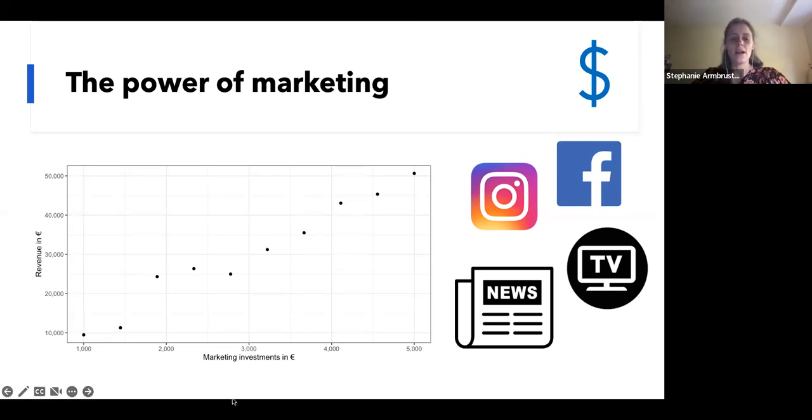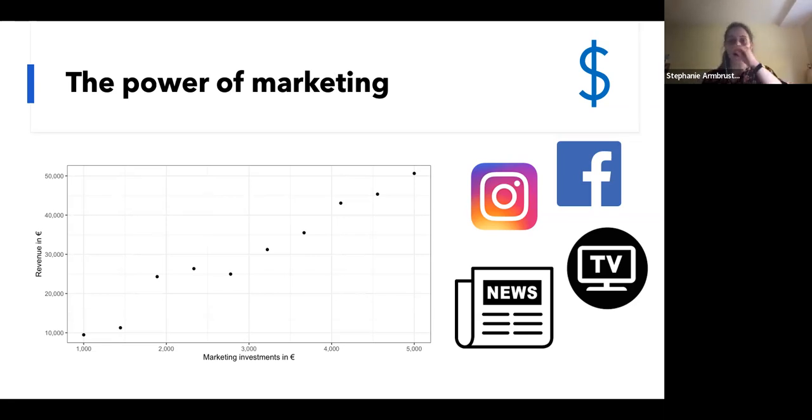So here we have, obviously, if you invest a different amount of money into your marketing ads, ideally what you'd hope is for your revenue to pick up, because people know more about your product. And then we can assume maybe that the relationship between this marketing investment and the revenue is ideally linear, which means that we can just describe it by putting a ruler on top and drawing a straight line, and that'll give us a good approximation of this relationship.